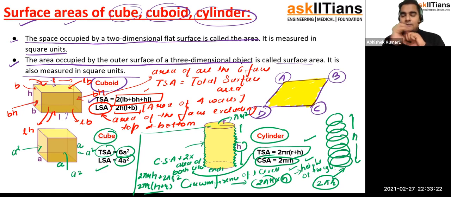We use the term lateral surface area for figures like the cuboid and the cube, and we use the term curved surface area where that portion is curved in nature, for example the cylinder and the cone. You will come across many other figures like this, but technically, more or less, they are the same thing. I hope it's clear to everyone, because after this, we will be doing a few problems based on it.